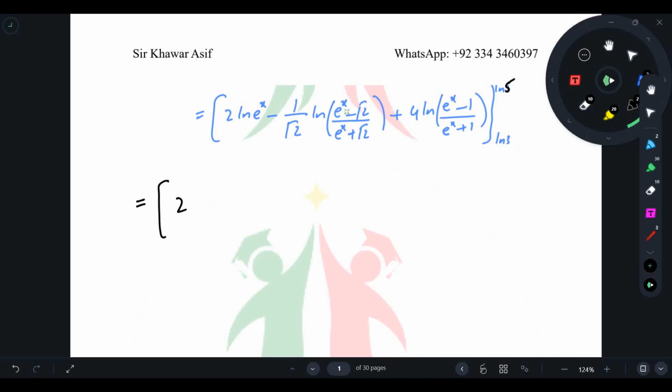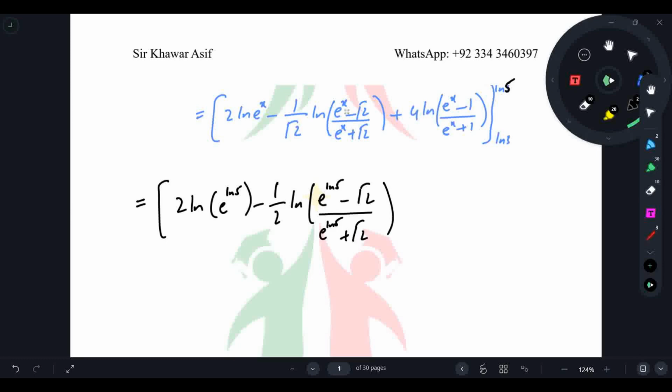So we can write it as 2 natural log of e power natural log of 5 minus 1 by 2 natural log of e power natural log of 5 minus square root of 2 divided by e power natural log of 5 plus square root of 2, plus 4 natural log of e power natural log of 5 minus 1 divided by e power natural log of 5 plus 1.